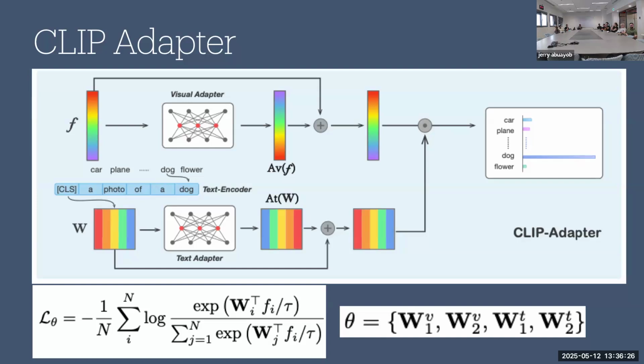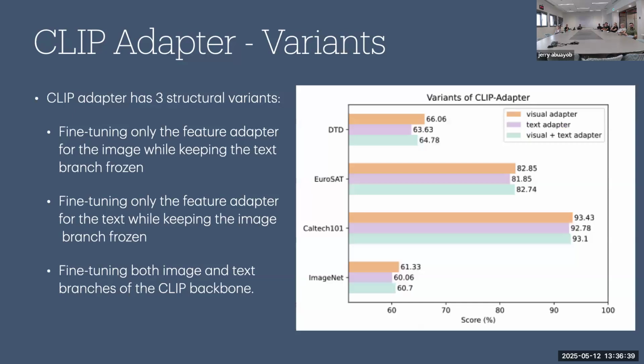And here in the drawing of the adapters, it looks sideways. Okay, so interestingly, when we said there's an adapter for each one of the encoders, we can investigate the variants of the CLIP adapter, since it has three structural variants.